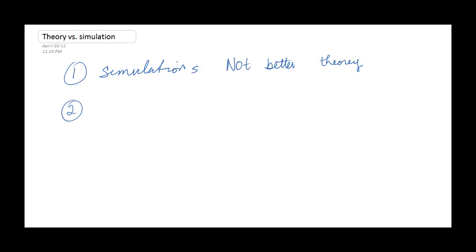Secondly, when you're trying to validate your simulation results, you should think about when we have regimes of operation where we expect theory and simulation to match. Okay, where is this going to be?